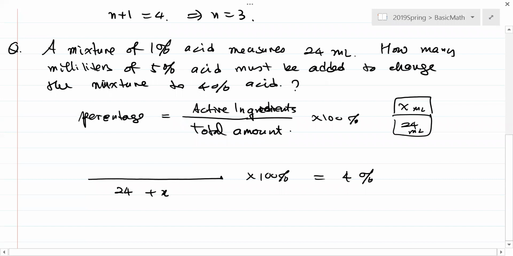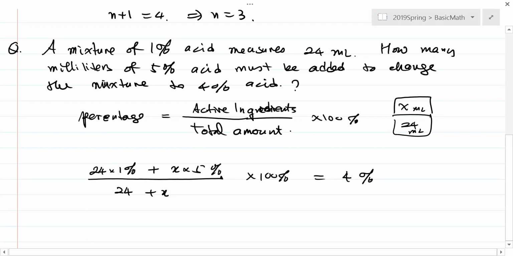Now that is the total amount. We have to calculate the amount of active ingredient. First of all, this comes from the original 24 milliliters, so 24 milliliters times 1%, plus X milliliters times 5%.